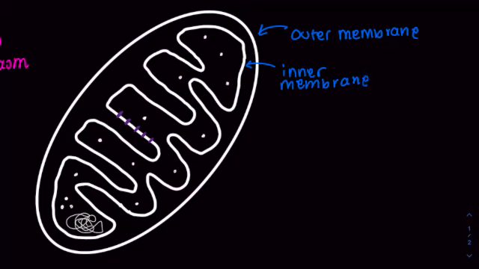The outer membrane is permeable to several small molecules, and the inner membrane is the site of the electron transport chain. So in the inner membrane, you have ATP synthase enzymes and you have the electron transport proteins. So that's why we say it's the site of the electron transport chain and oxidative phosphorylation.